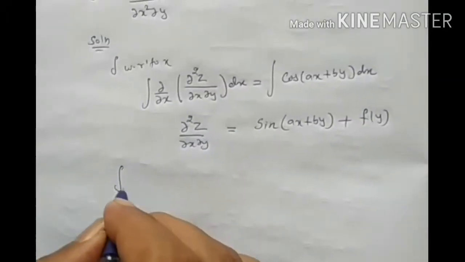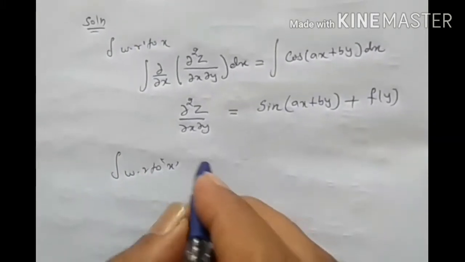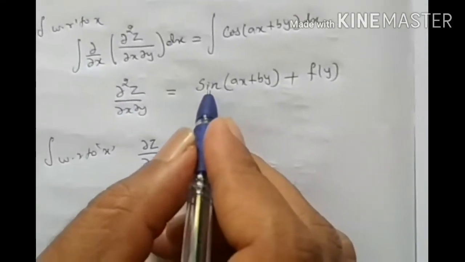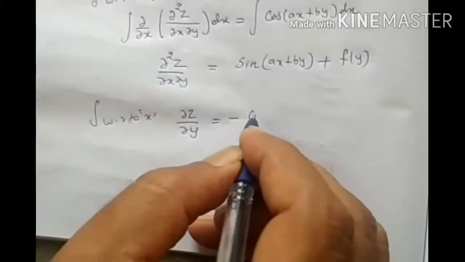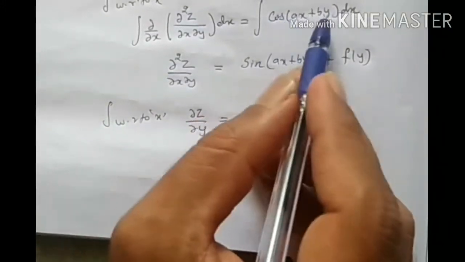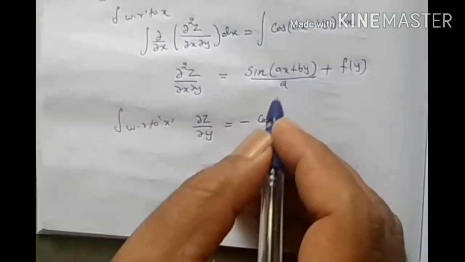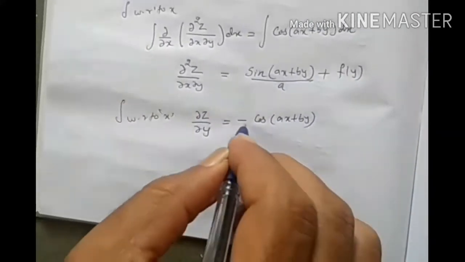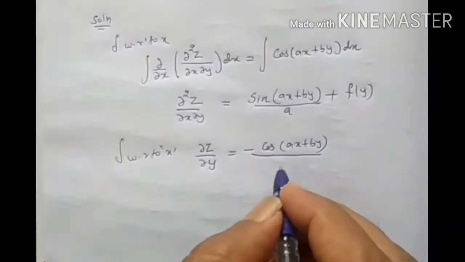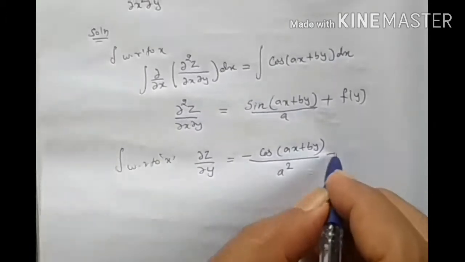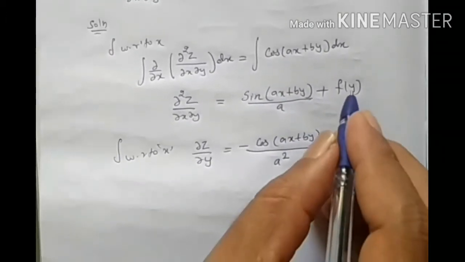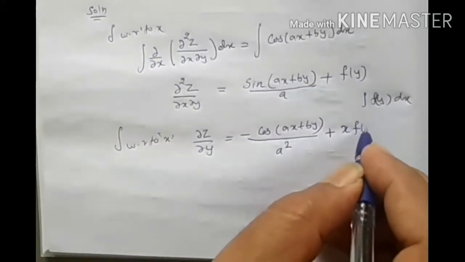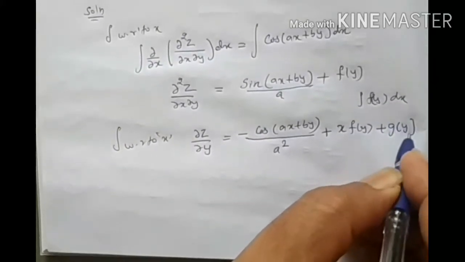Now integrate with respect to x. So this we can directly write as ∂z/∂y, integrating with respect to x: sin is minus cos of (ax + by), dividing by a, and since a is already there, once again we get a, so a square, plus the integral of f(y), which is constant, so x f(y), plus g(y).